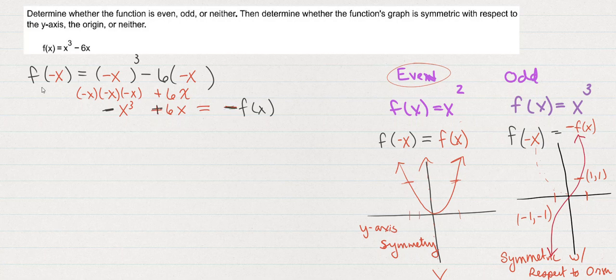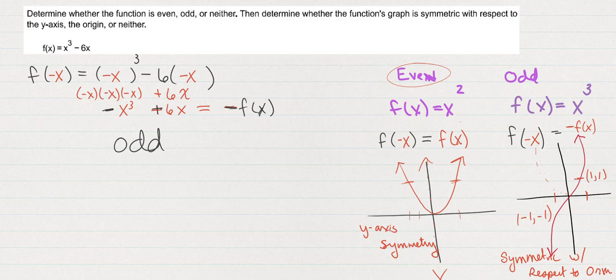So we're saying that the value of f of the opposite of x is always the opposite of the value of f of x. So this is odd by definition, and so it is symmetric with respect to the origin.